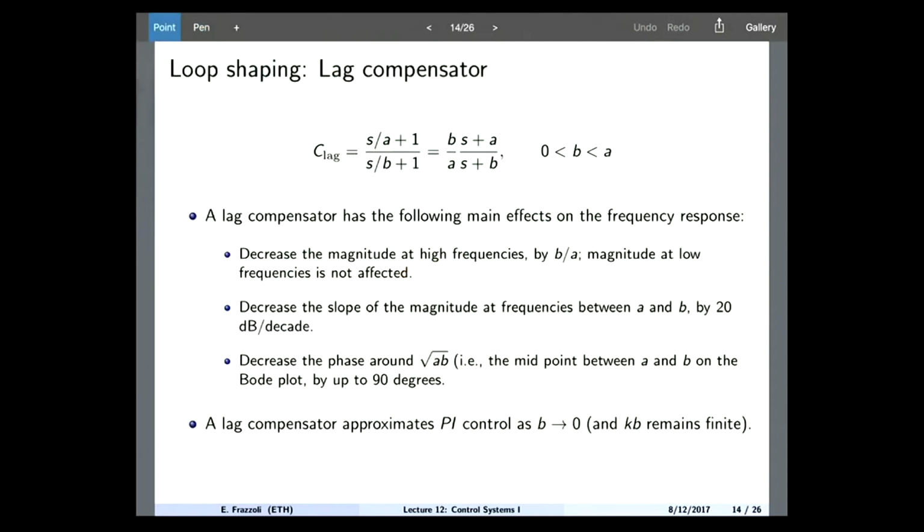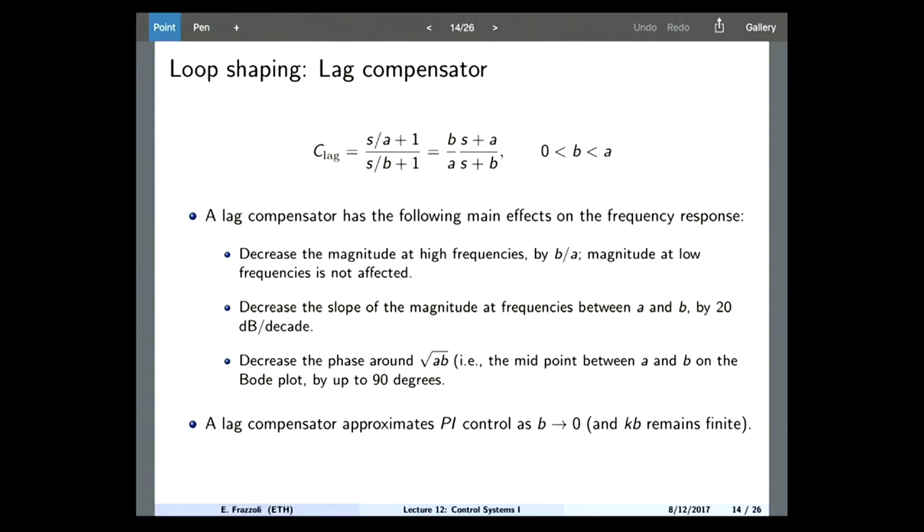So go back to this. A lag compensator decreases the magnitude at high frequencies, which you can see as something that will reduce your sensitivity to noise, or, if you bring the high frequency gain up to 1, as increasing your magnitude at low frequencies.